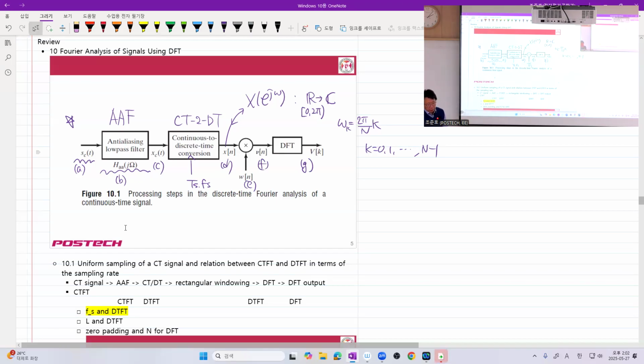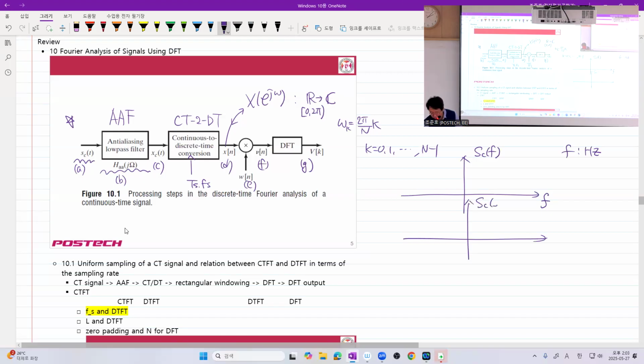And now, let me draw some frequency functions. So here comes the STFT of the signal. Usually, communication engineers love using f in Hertz, but our textbook loves capital omega. So I would rather say this one.